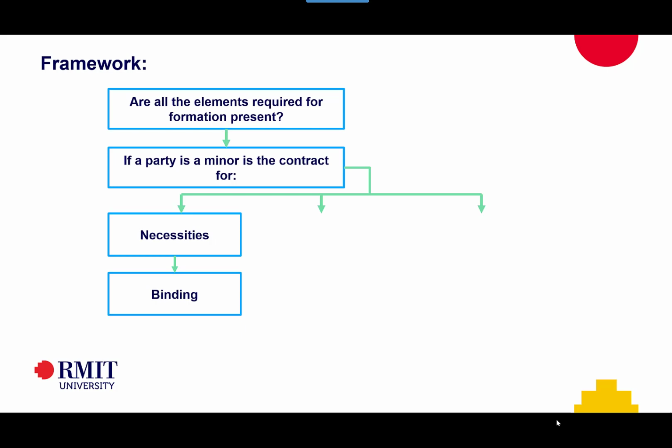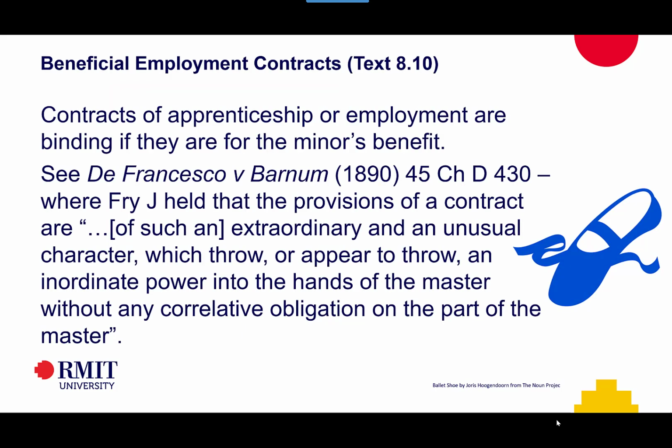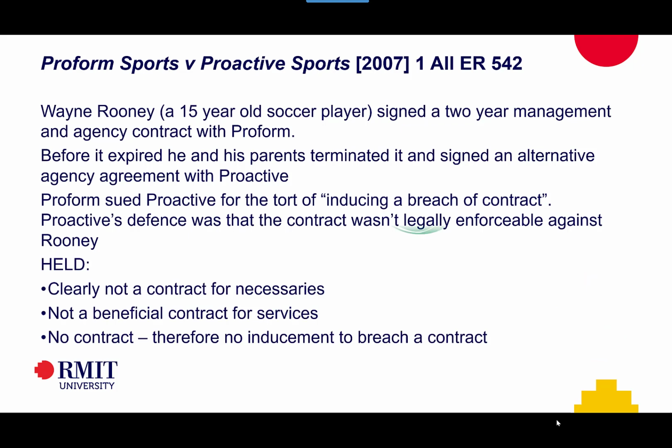Oh look, actually I may as well talk about it because I'm starting to make the point. So Proform was a talent agency basically. So they signed a 15-year-old, Wayne Rooney, who turned out to be a better than average soccer player apparently. So they signed him up for a 2-year agreement where effectively what they were going to be doing was getting him sponsorship contracts and taking a percentage of it.